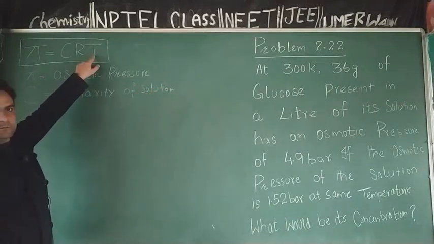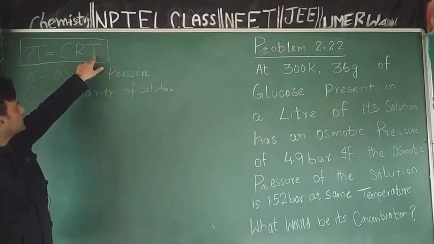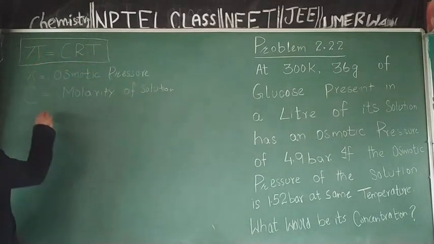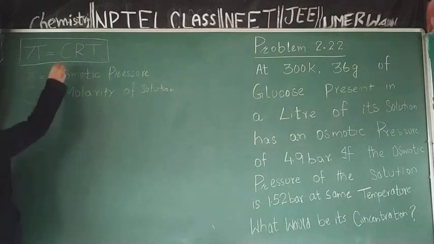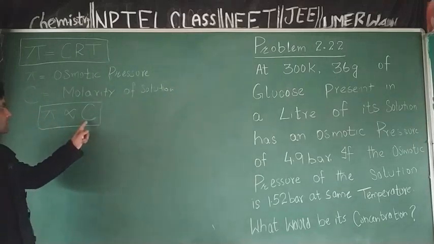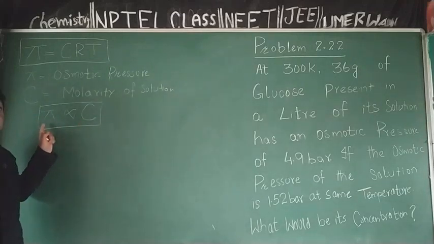At particular temperature, T is constant, R is constant. So as per this equation, osmotic pressure is directly proportional to molar concentration of solution. Greater the molar concentration of solution, greater is osmotic pressure.